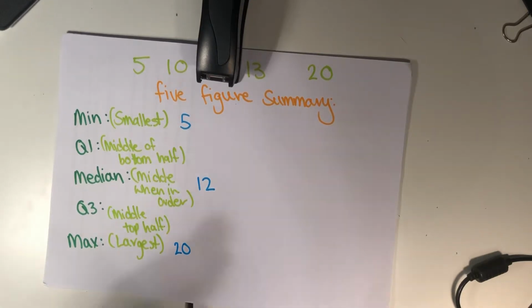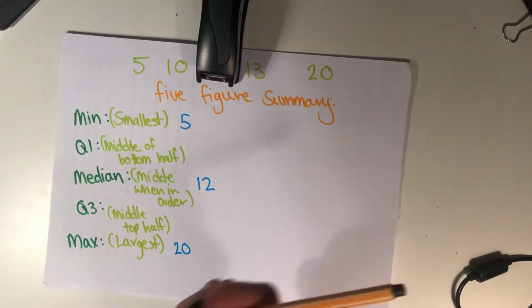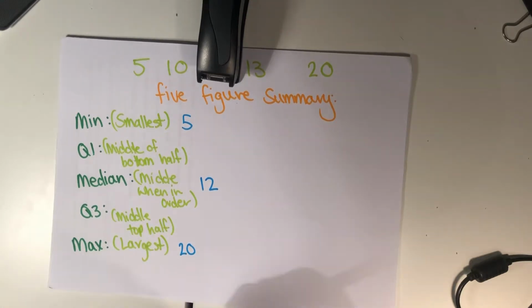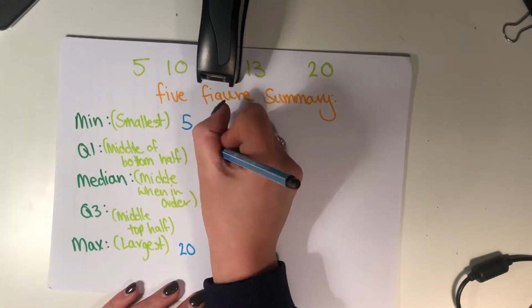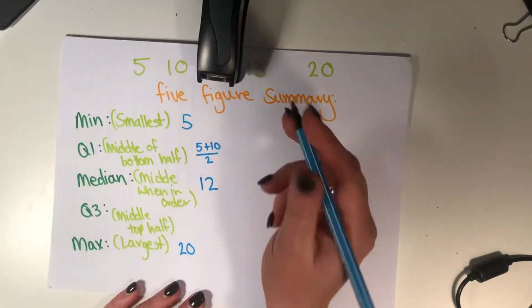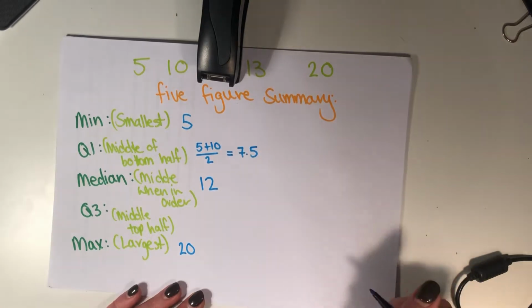If there's not a number perfectly in the middle, then you will have to find what they are. So this one here, your Q1 is 5 plus 10, divided by 2, because there is no middle number there, which gives me 7.5.